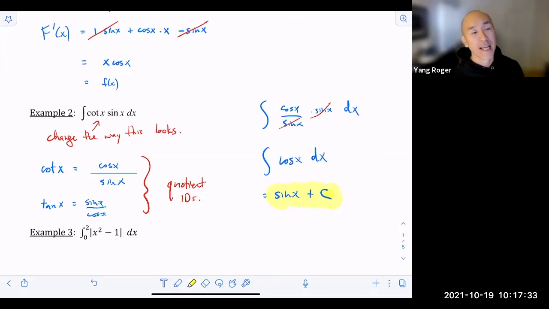So I'm limited in the types of questions that I could ask you. What are these 2 methods? The first method is what I call change the way it looks, and I did that with a trig identity over here. The second method is something called integration with substitution, and that's really what 4.5 is about. So this week is really all about integration.